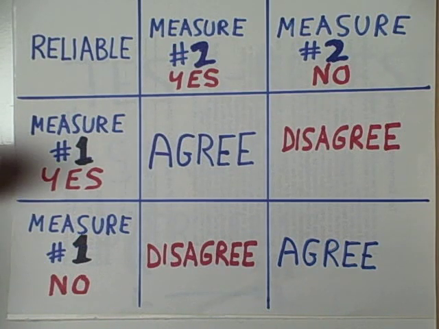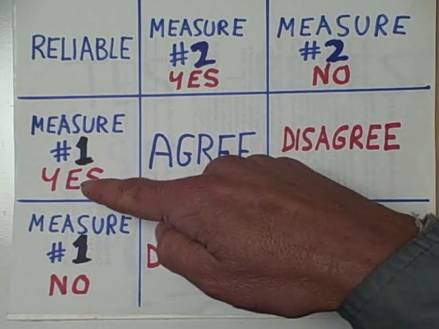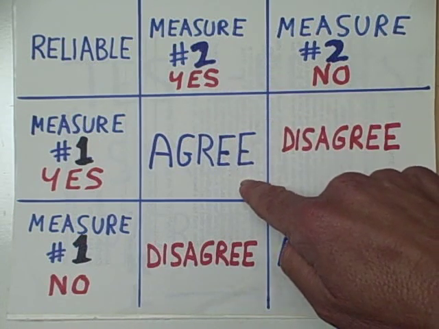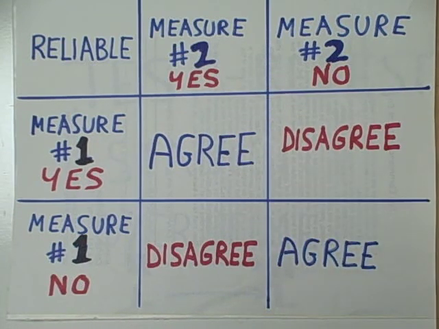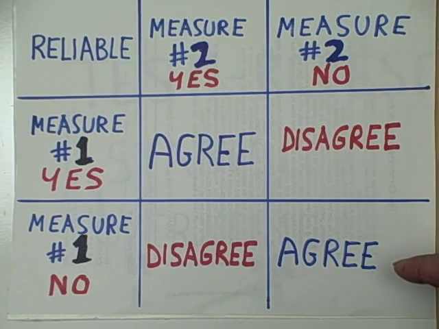So here, measure 1 represents how people did on the test, scored high, score low the first time they took it, and measure 2 represents the second time they took it. If the people who scored high the first time scored high the second time, they would be placed in this cell right here. And if the people who scored low the first time also scored low the second time, they would be placed in this cell right here.